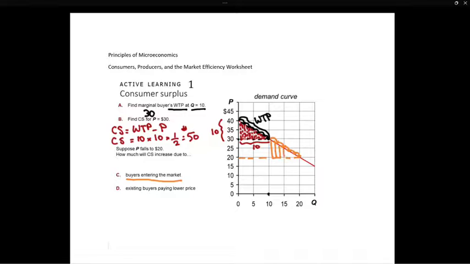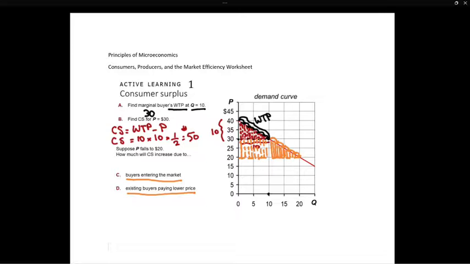Now they have consumer surpluses. So the consumer surplus will increase by this much due to buyers entering the market. And also, the consumer surplus will increase due to existing buyers paying a lower price. Now these existing buyers' consumer surplus will increase by this amount.